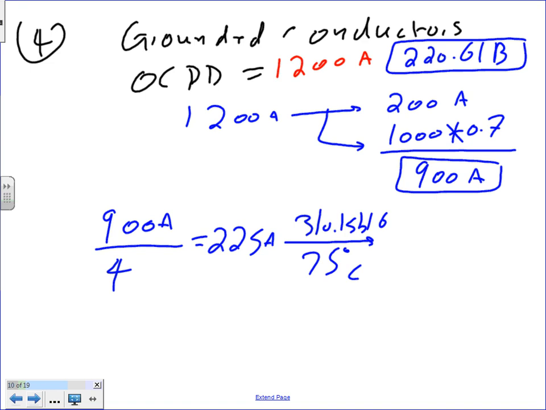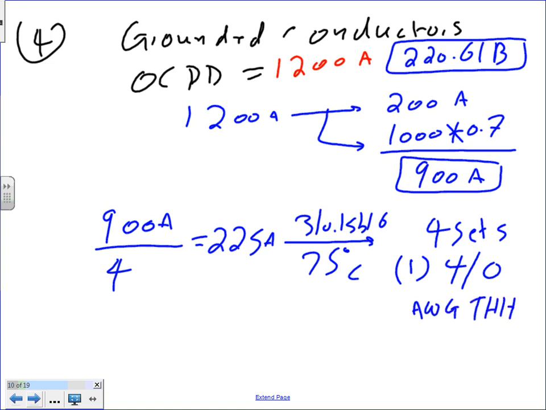When you go there, you're going to end up with 4 sets, because I ran 4, of 1 conductor. Each of them is 4/0, and an AWG, and a THHN, and done.